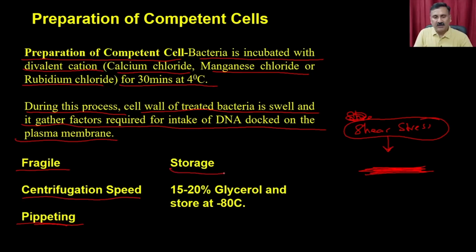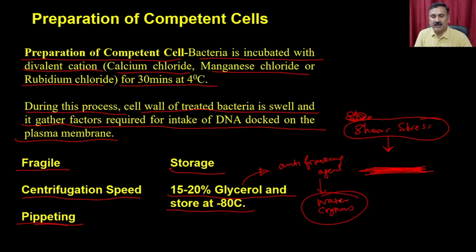How are you going to store the competent cells? Once your competent cell preparation is over, you can add 15 to 20% glycerol and store it at minus 80 degrees Celsius. The 15 to 20% glycerol works as an anti-freezing agent, right? It is not going to allow the formation of water crystals, and that is how it protects the bacteria from any kind of damage.